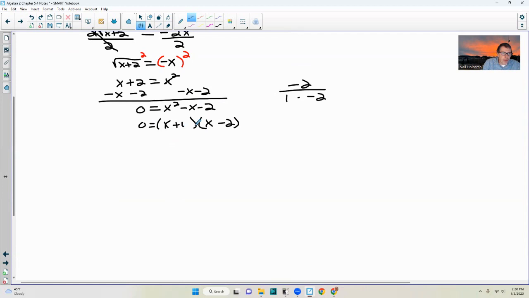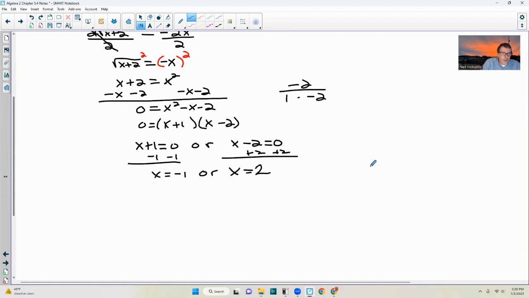Now we do the zero product property, setting each equal to 0. So we have x plus 1 equals 0, or x minus 2 equals 0. Subtract 1, x equals negative 1, or add 2, x equals 2.